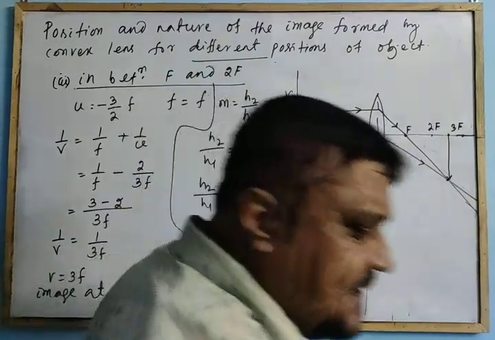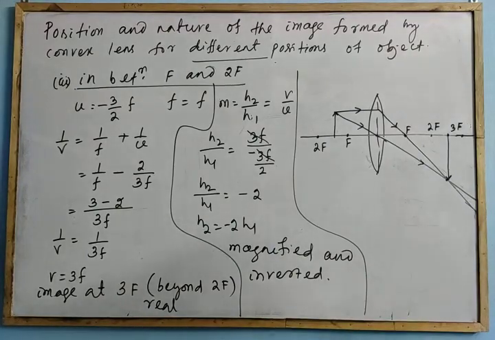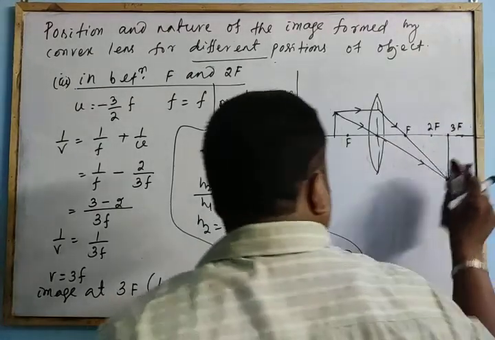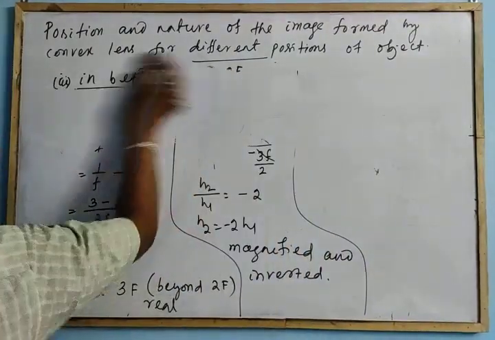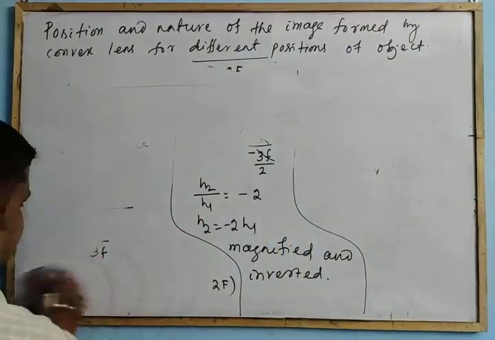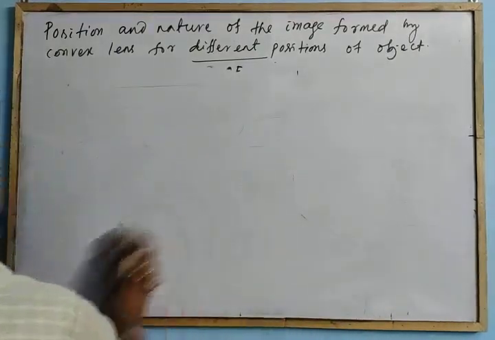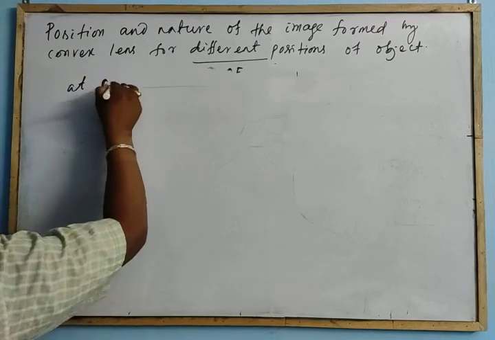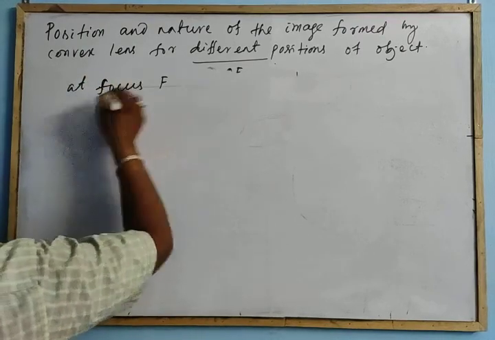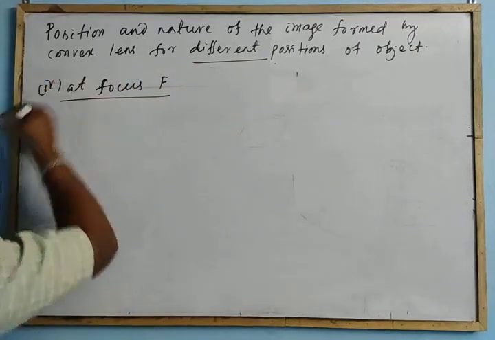If the object is at focus, when the object is at focus, then what we will get? At f. At focus. Clear?